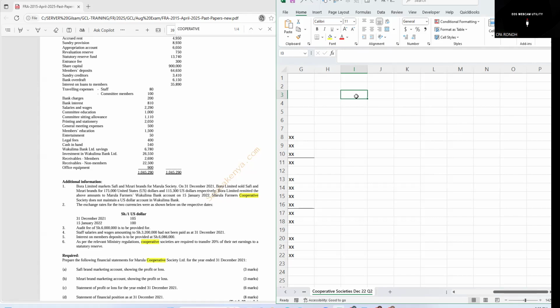Also, that one is part of accrual, but we'll also need to include in the salaries and wages. So we debit salaries, we credit the accruals. Interest on members' deposit is to be provided at 6.08 million. So that is their interest to members.